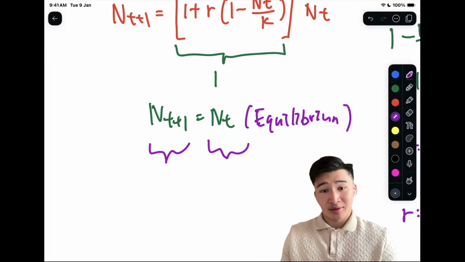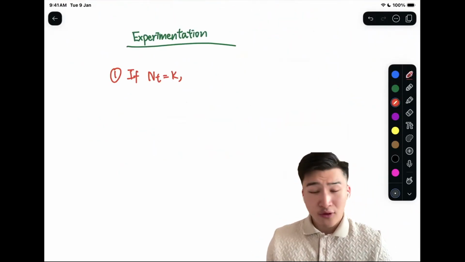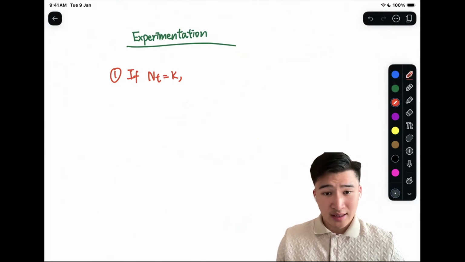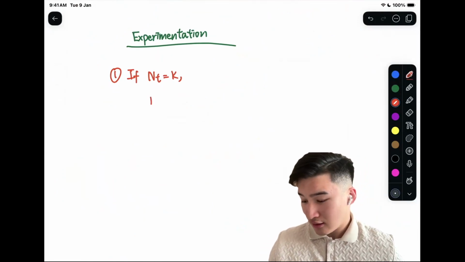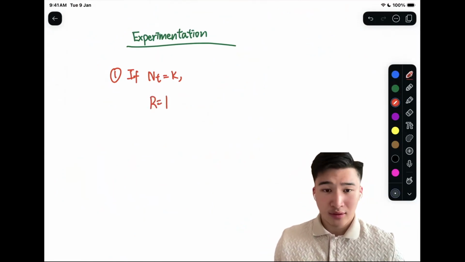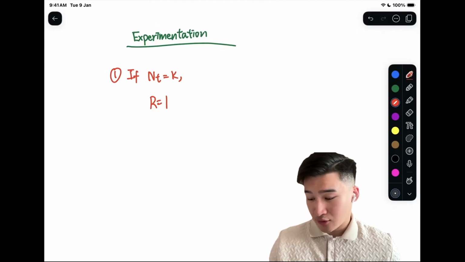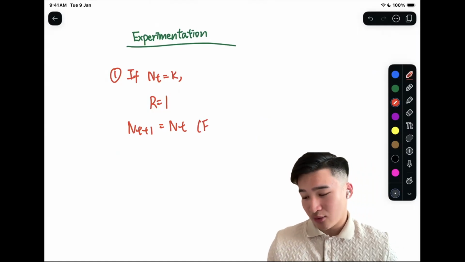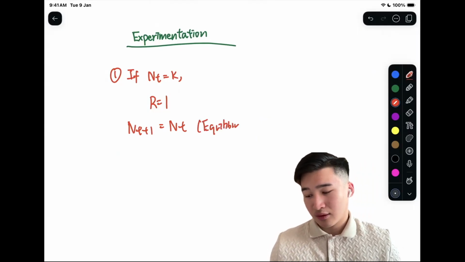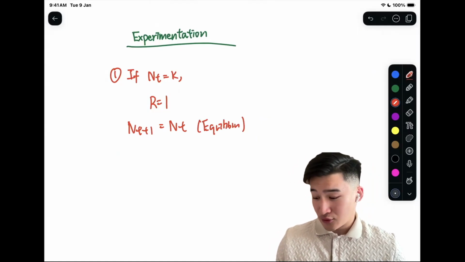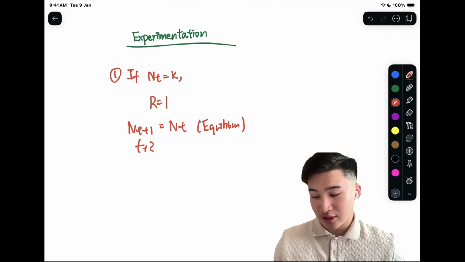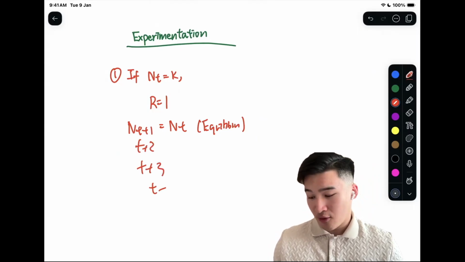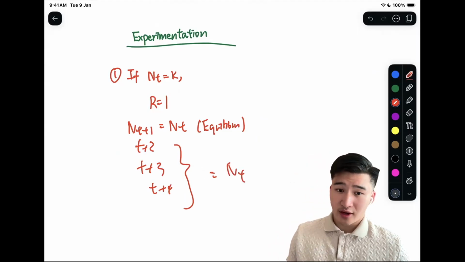So from our experimentation, we know that if NT is equal to K, then R is going to be equal to 1, and NT plus 1 is going to equal NT. Simple as that. This means that we're at equilibrium, which means that the future generations, T plus 2, T plus 3, T plus 4, are all going to be equal to NT, if you think about it.